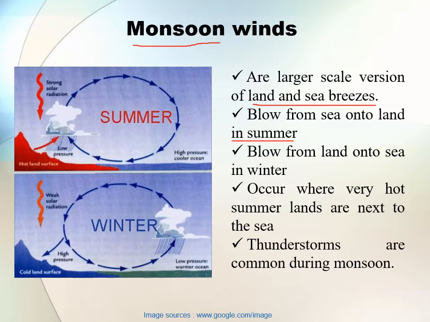This kind of movement, a different movement pattern at different times of the year, is found only in those places in which the landmass is very close to the sea.